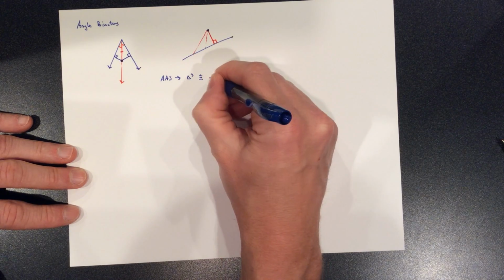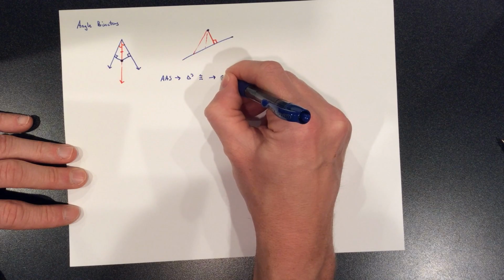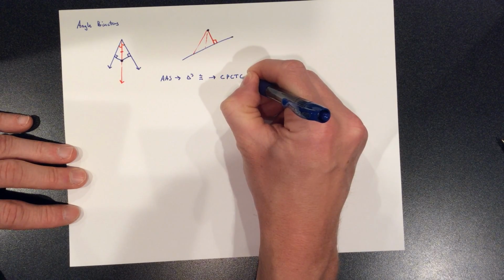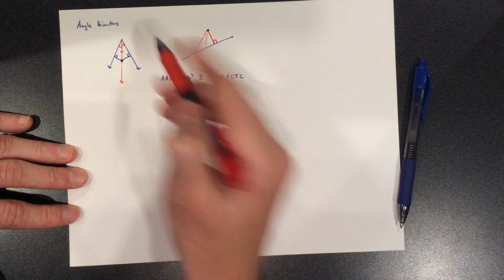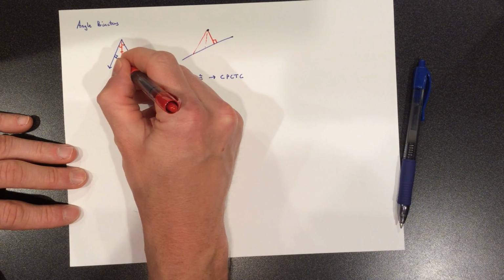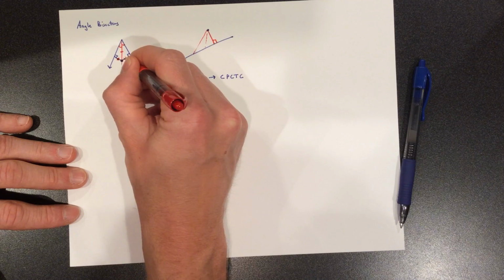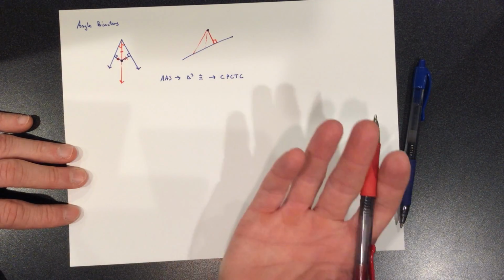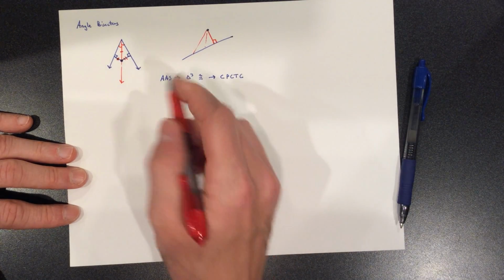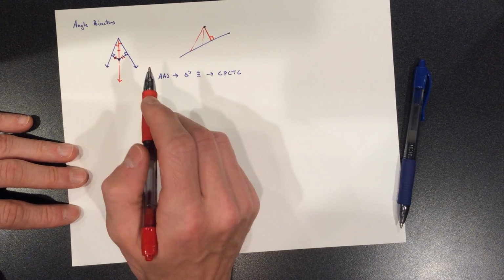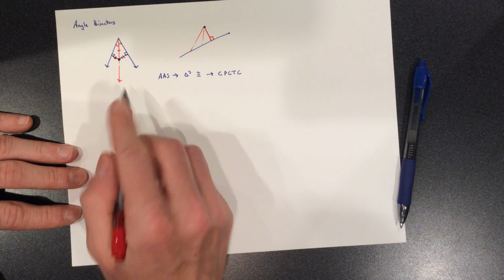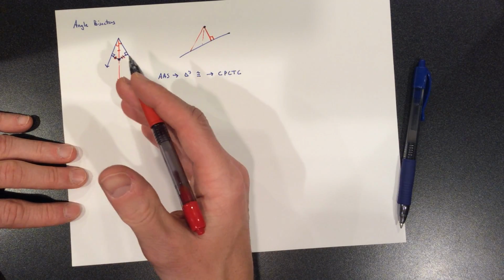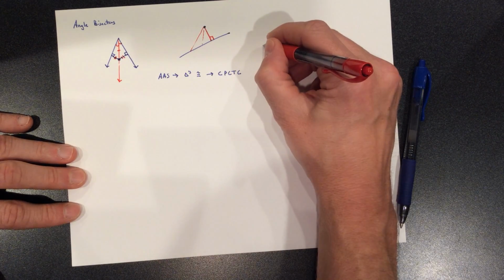If the triangles are congruent, we also know that corresponding parts of congruent triangles are congruent, which tells us that these distances are the same, because every single part of the triangle is congruent to its corresponding part in the other triangle. These two. So what can we say? Any point on the angle bisector is equidistant from the sides.